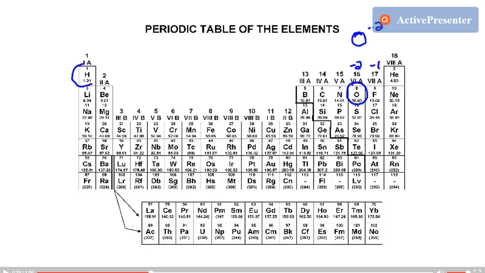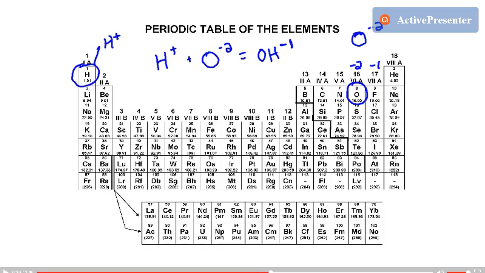But then you take the H, which is a positive ion, so the H positive ion plus the O with a -2 charge is going to equal OH with 1 negative charge.